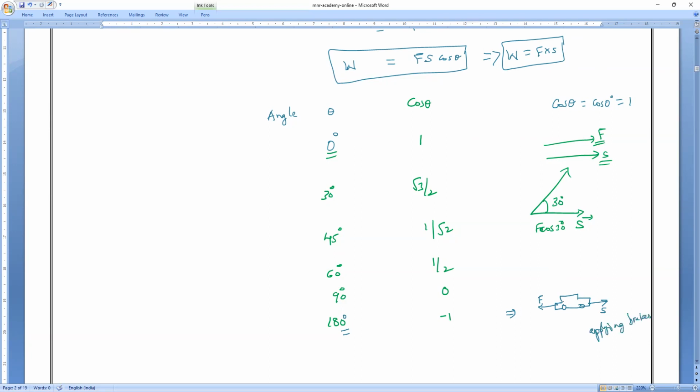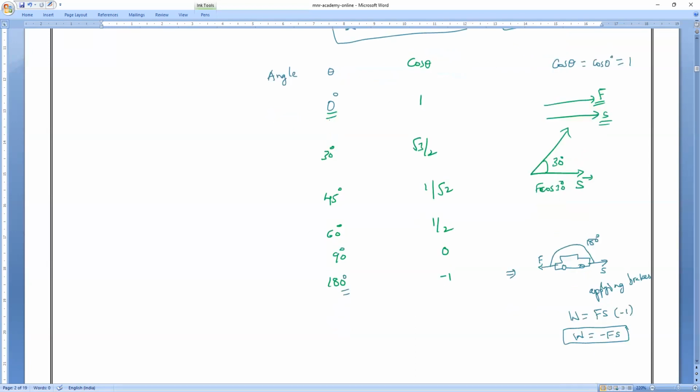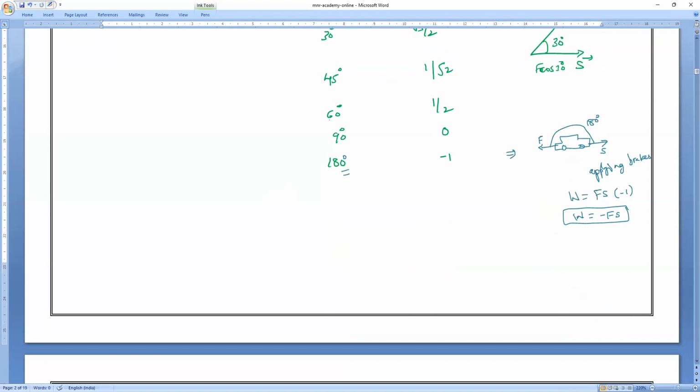So by the time the angle between them is 180 degrees, work done will become F into S into cos 180, which is minus 1. So what is the answer? Minus F into S. What is that? Force and displacement are opposite to each other. Do you understand? Please respond. So then can we say it as negative work done? Yes, that is what we are going to study. Negative work done. Okay?